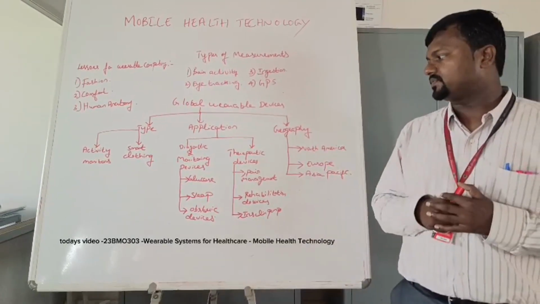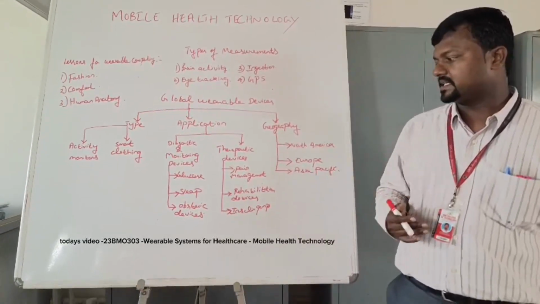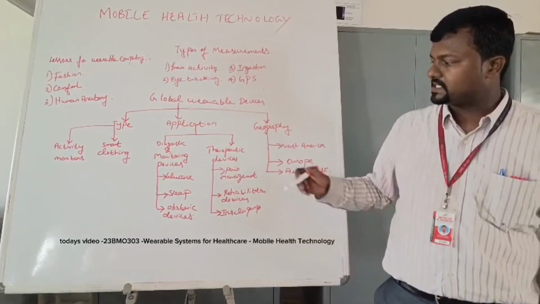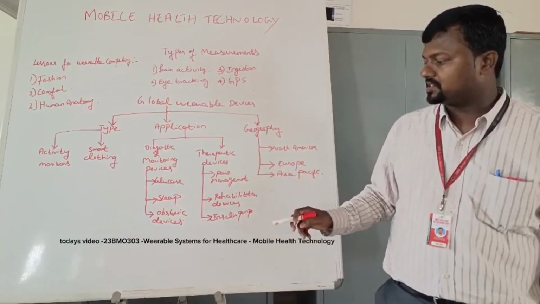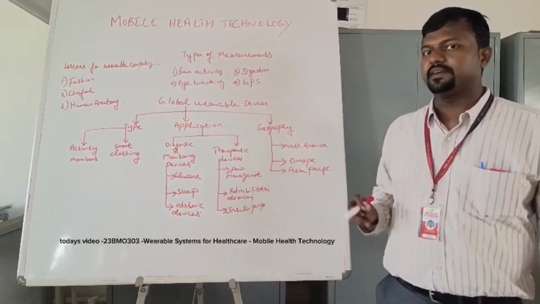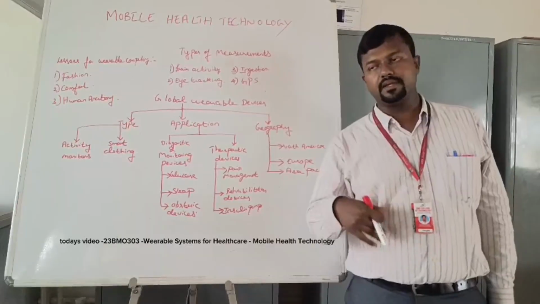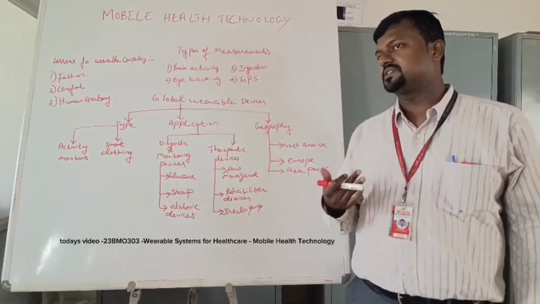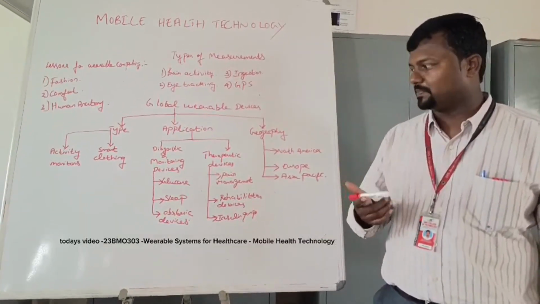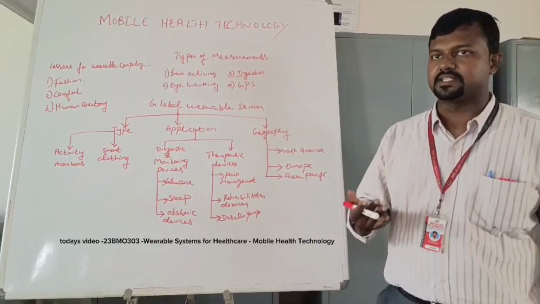The second category of device is the therapeutic devices. Here three different kinds of devices come under the therapeutic devices. One is the pain management, rehabilitation devices, insulin pumps, the physiotherapy devices. The pain management device plays a wide important role, because nowadays all kinds of people, even people across 40 years of age, get different kinds of pains, either hip pain, joint pain, muscle pain, etc. These kinds of therapeutic devices, that means physiotherapy devices.